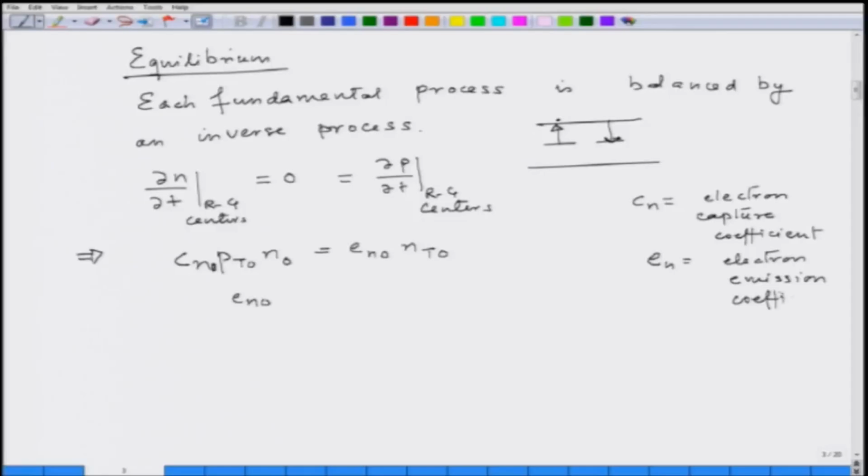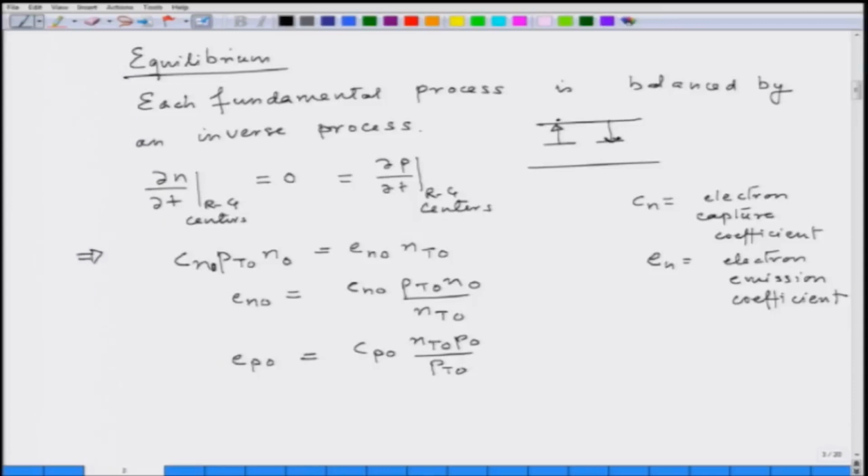Now, by invoking the equilibrium condition, we are able to find a relationship between the emission coefficient and the capture coefficient in equilibrium. In the same way, I can also write for the holes. This will give me E_p0 for capture of holes in equilibrium, n_T0 and p_0 over p_T.